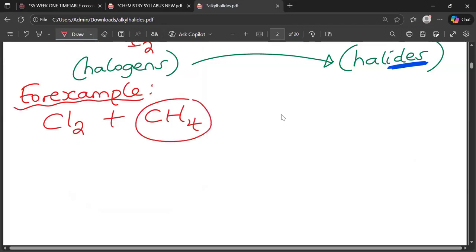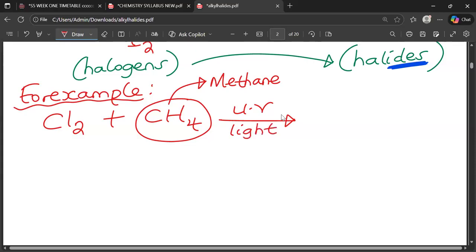So you all know that this one is methane, isn't it? And you all know this reaction usually takes place in presence of UV light. Hope people are aware of that, that this usually happens in presence of UV light when those two react.